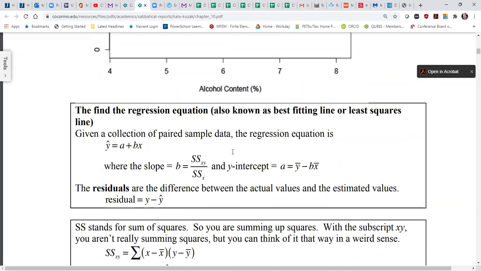So this is the regression line. The slope uses this formula, and the y-intercept uses this formula: the y mean minus the slope times the x mean, or x average and y average.